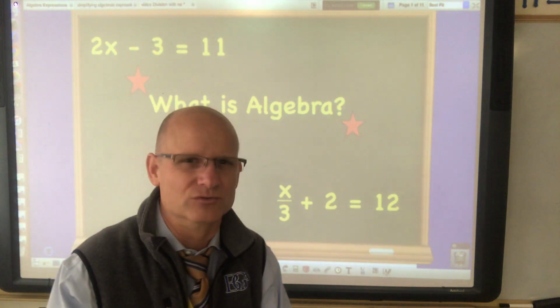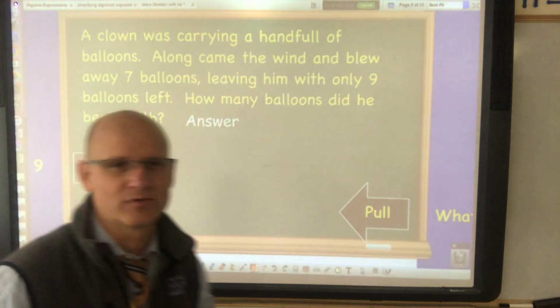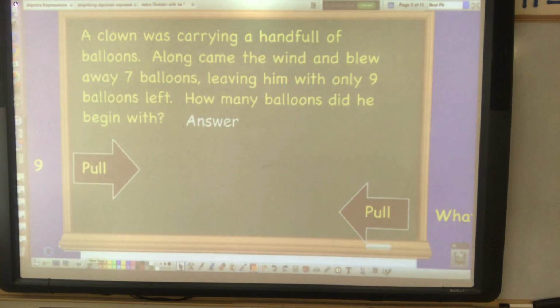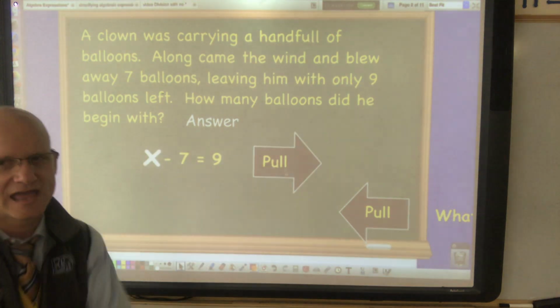But what is algebra? Well, believe it or not, you've been doing algebra since you were probably in first grade, second grade. For example, this problem says a clown was carrying a handful of balloons. Along came the wind and blew away 7 balloons, leaving him with only 9 balloons left. How many balloons did he begin with? You probably saw a problem that looked like this, and it might not have had a letter.